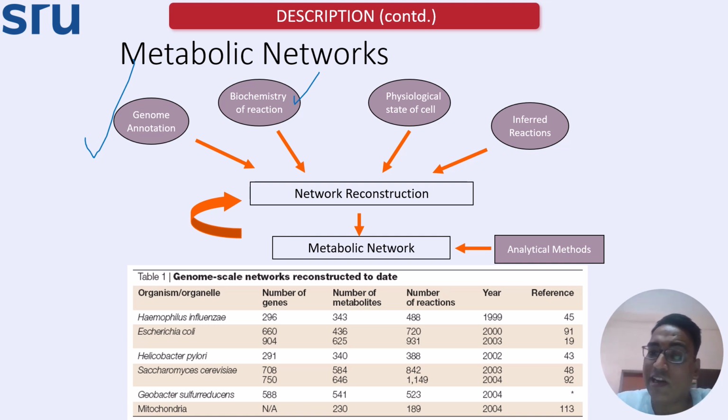Only then can we get to know about the cofactors involved. We should know the biochemistry and physiological state of the cell. This allows us to analyze different molecules and different conditions which the cell is undergoing, so that if something is missed out in these conditions, it can be considered here.